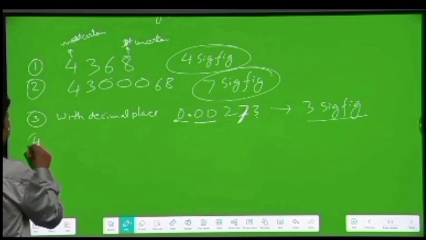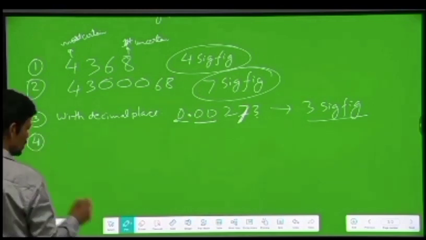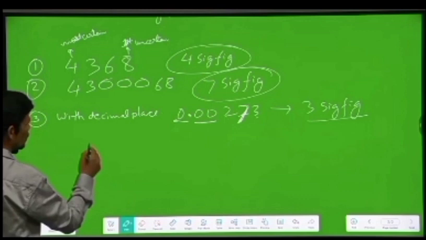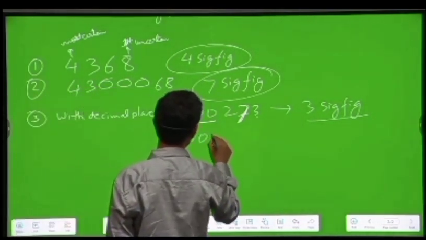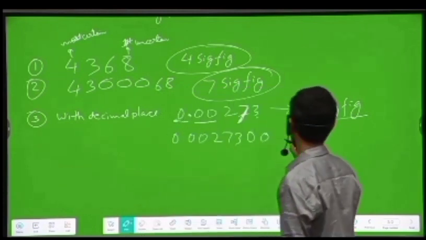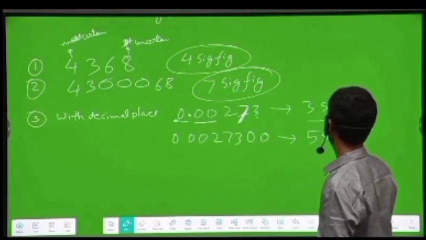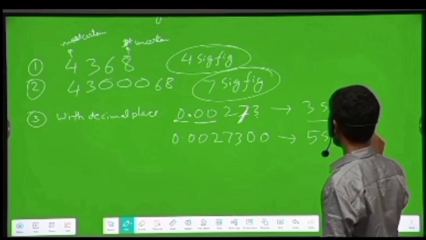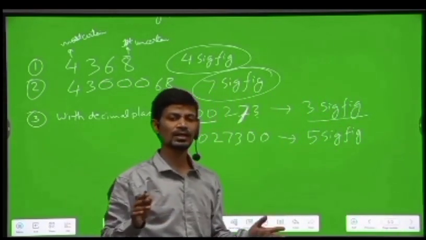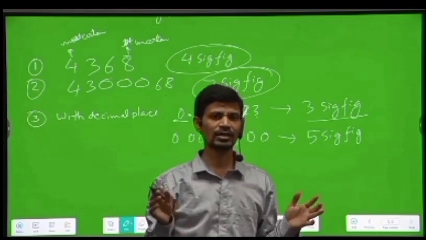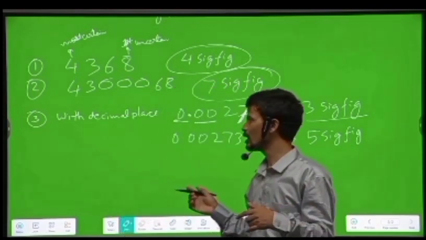Now, a very interesting thing. Again, in the same thing, if there is 0.002730, then it has 5 significant figures. Now you would say, what if we put some zeros here? See, here I am saying that if some standard values are given to you, it is not something we are making up.